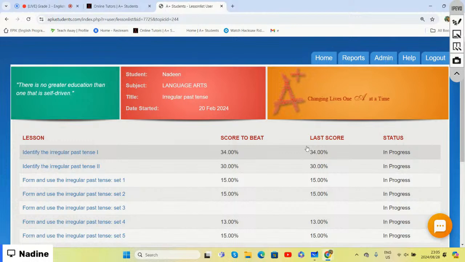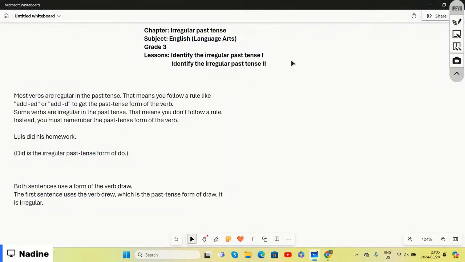All right. So our chapter is irregular past tense. Our subject is English Language Arts, grade 3.